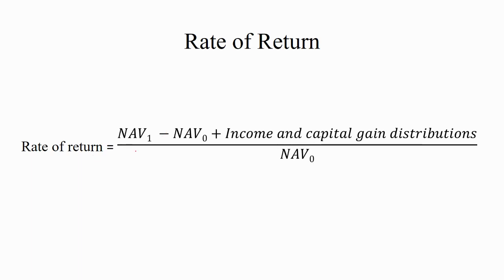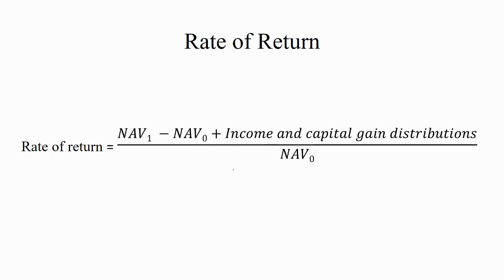So the rate of return is equal to net asset value at time 1, or current NAV, less net asset value at time 0, or previous one, plus any income and capital gain distributions which the investor might have received from the underlying securities in which the RIC has invested, whole divided by net asset value at time 0.